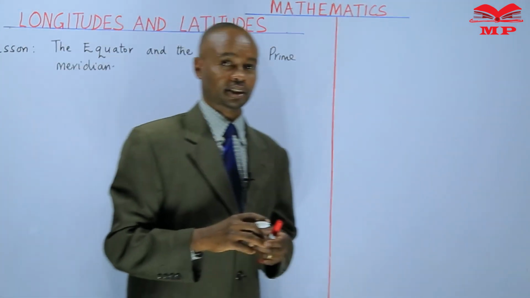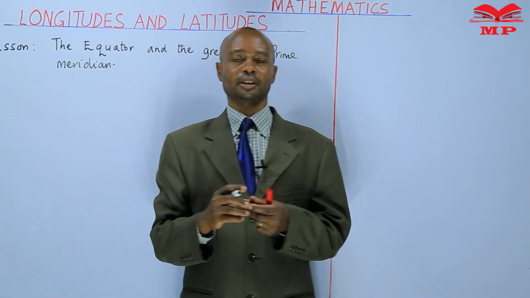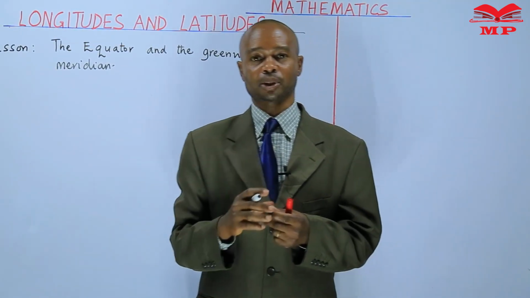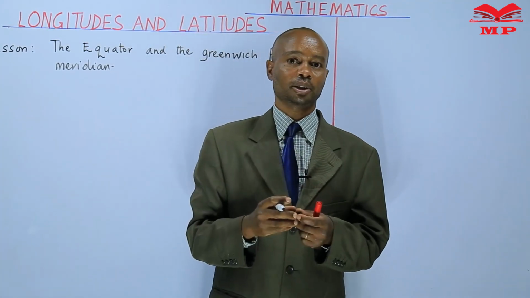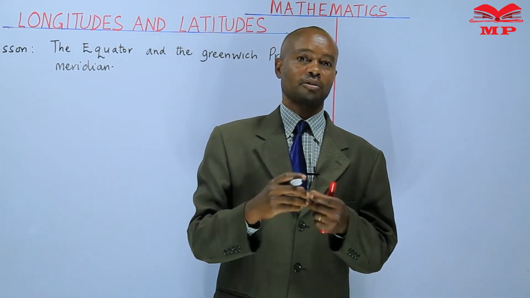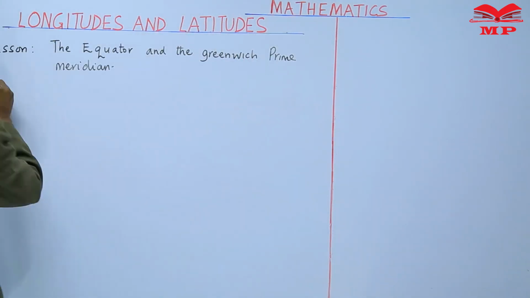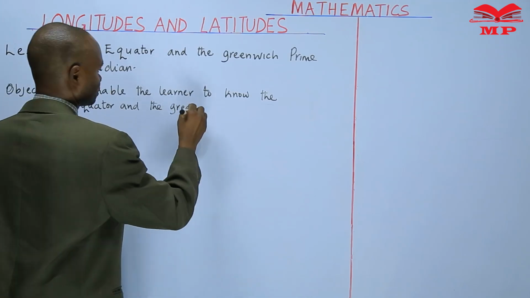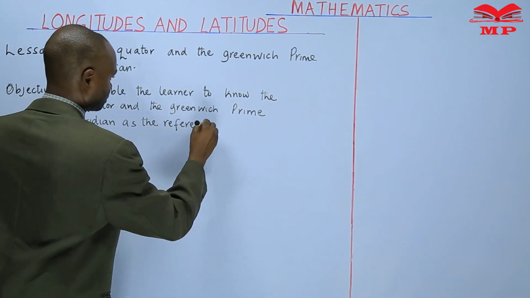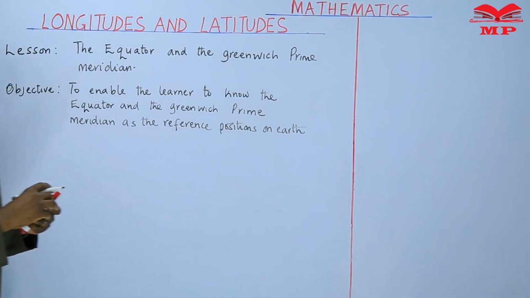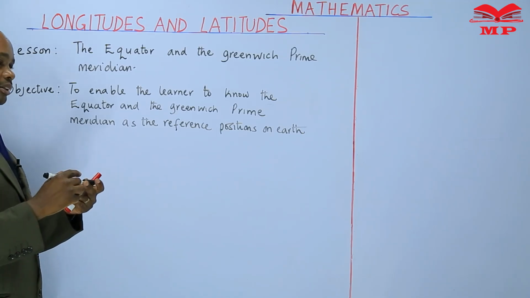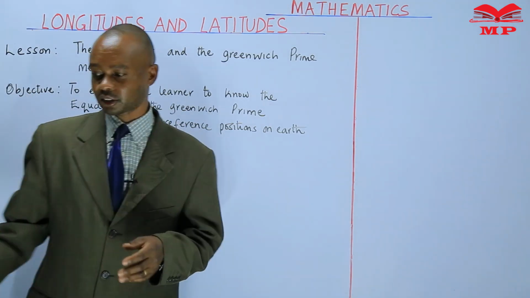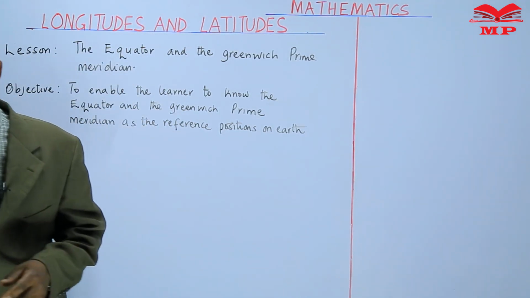The objective of the lesson is to enable the learner to know the equator and the Greenwich Prime Meridian as reference positions on Earth, as they are going to be reference standards for our lessons.